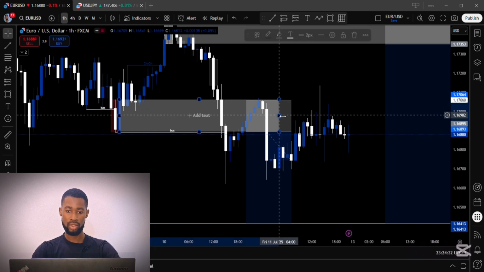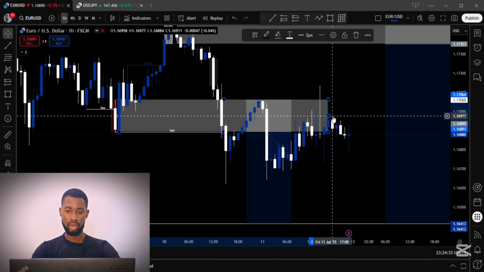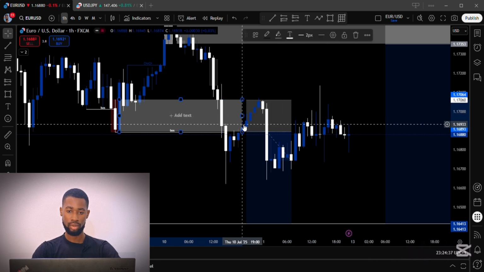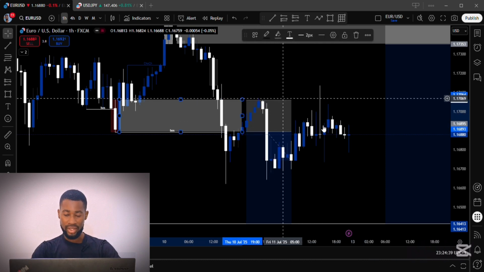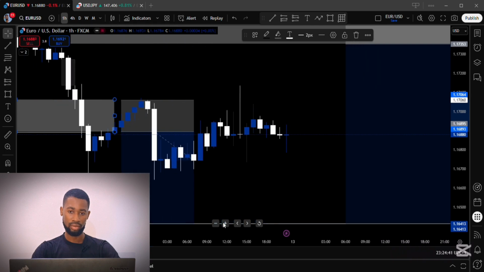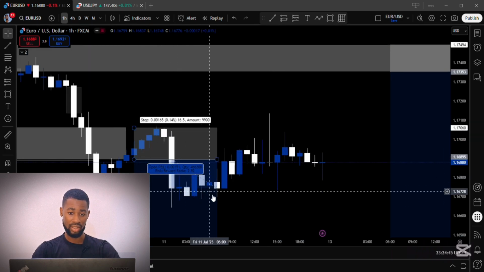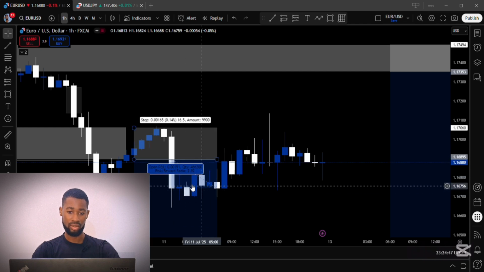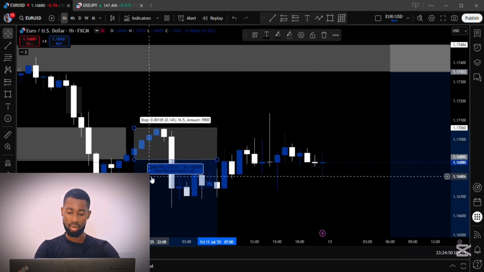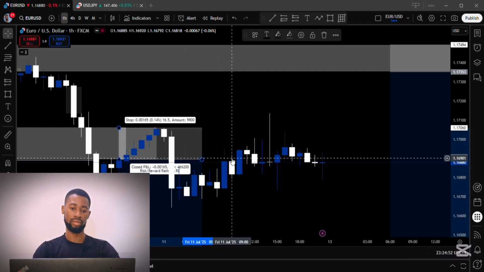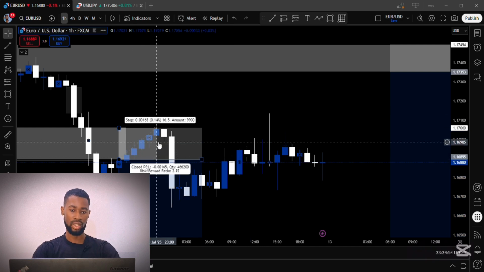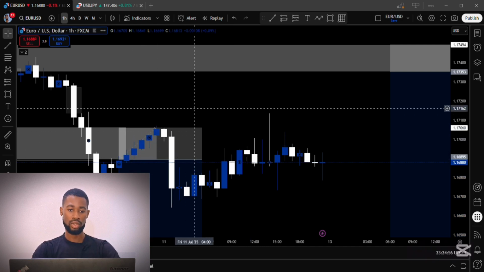I think this is actually disturbing. Let's move this away. So you see I got wicked out here. Let me zoom in clearly. I actually hit my SL. I don't know why this risk to reward ratio is showing as if the trade is still okay. Or let's move it. Okay, yeah, I wasn't positioning it properly because I know it was a loss.